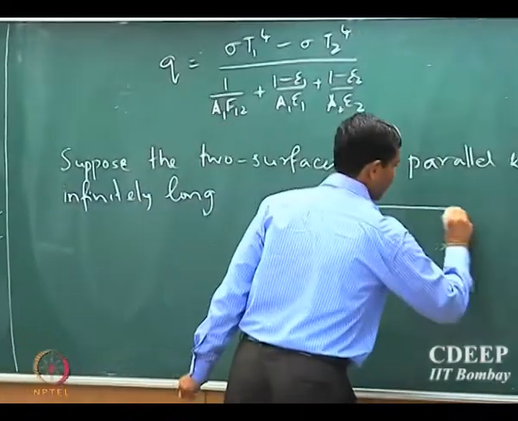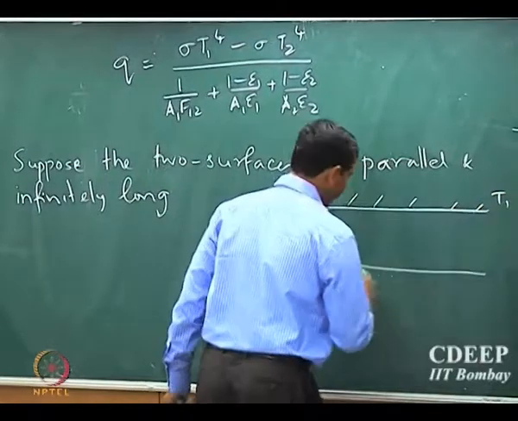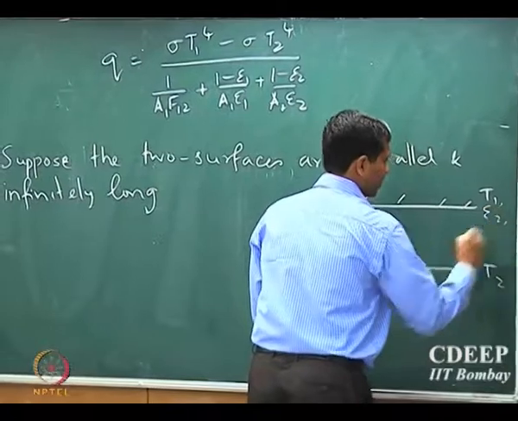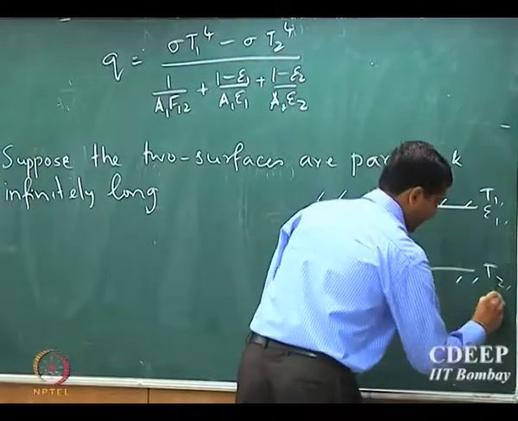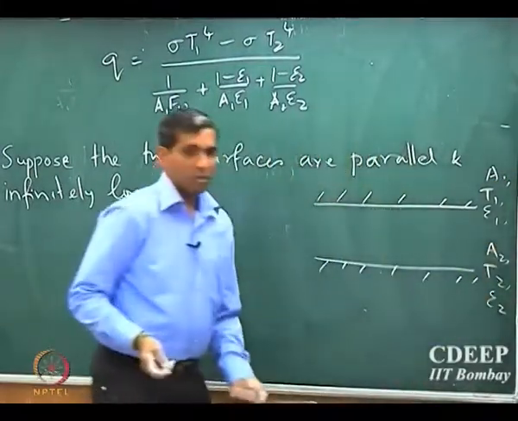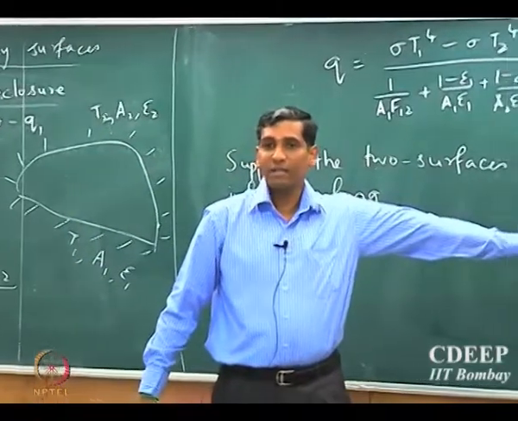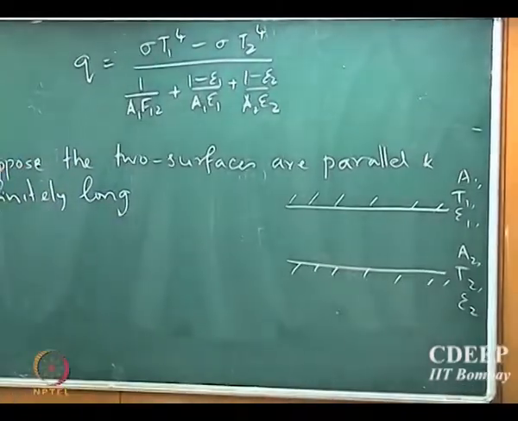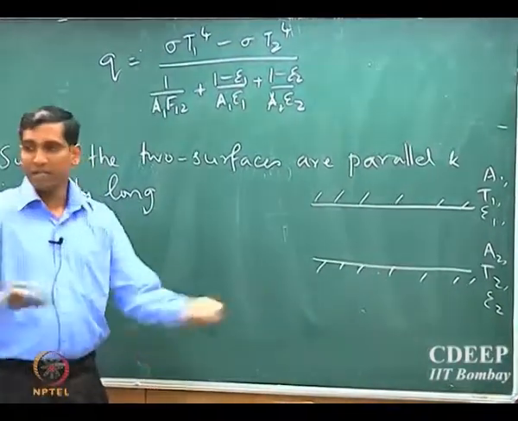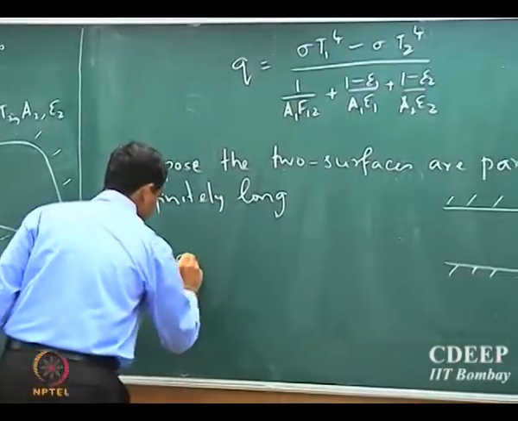So, you have parallel plates maintained at temperature T1 and T2, and the emissivity is epsilon 1, epsilon 2, and the area is A1 and A2. Okay. So, if it is infinitely parallel, then you could assume that these two areas are equal to each other. So, it is the same system like what we looked at a short while ago, except that it is now long and parallel, and so the radiation exchange is still the same.